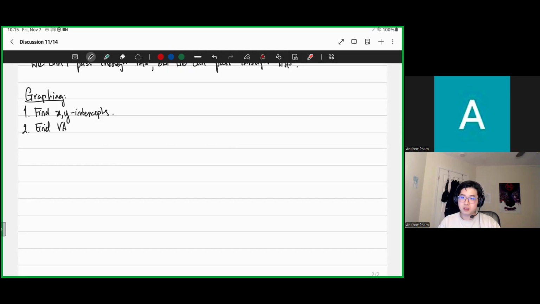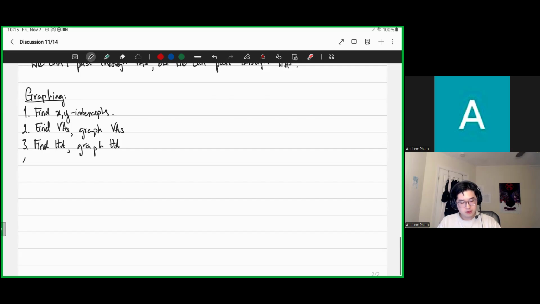It's very easy to find the vertical asymptote: you just set the bottom equal to zero, and then graph these. Graph VAs. Three, we're going to consider finding any HAs, and we graph it as a dashed line as well. So graph HA.